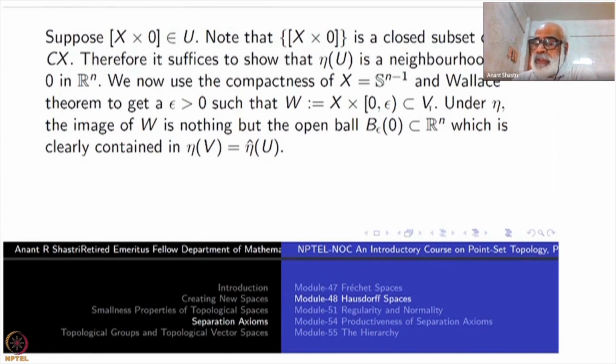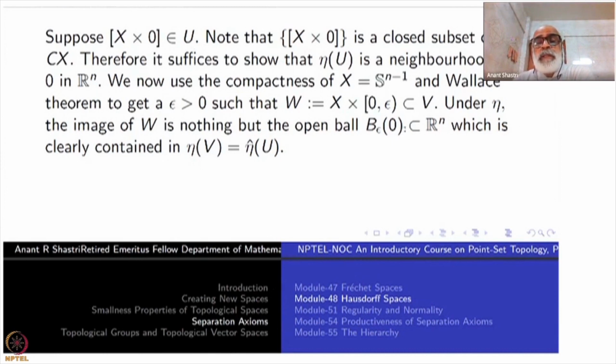If you have an open subset containing x cross some little y, then you have a neighborhood of y, an epsilon ball around 0, such that this x cross 0 epsilon is contained inside V. So this is Valle's theorem applied to x equal to Sn minus 1.